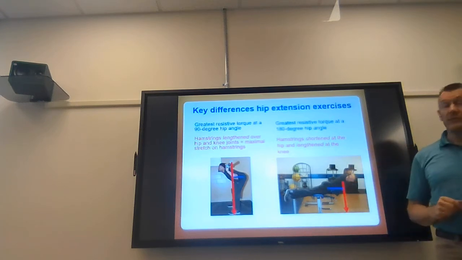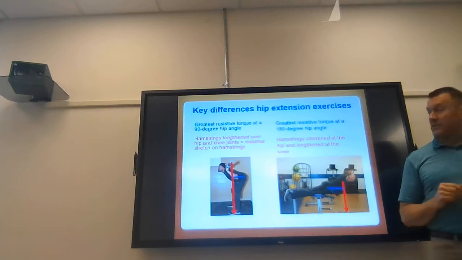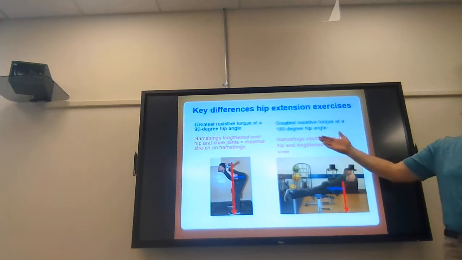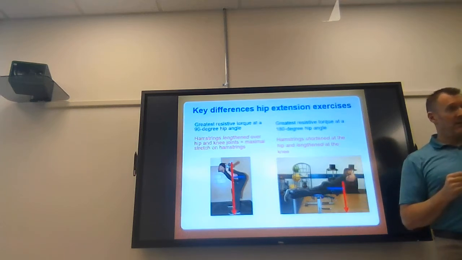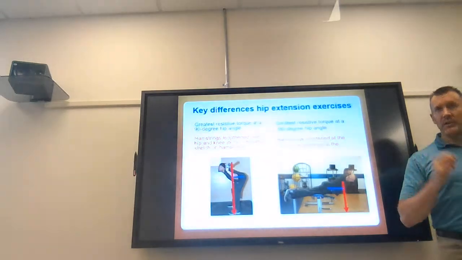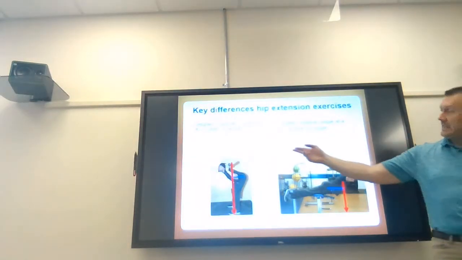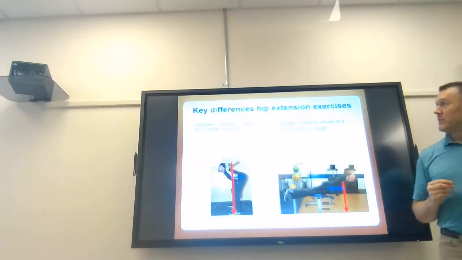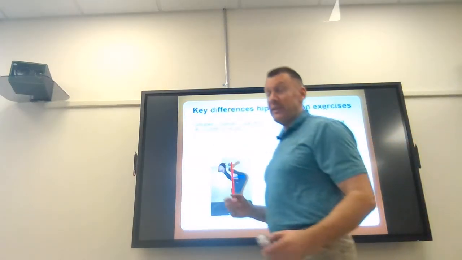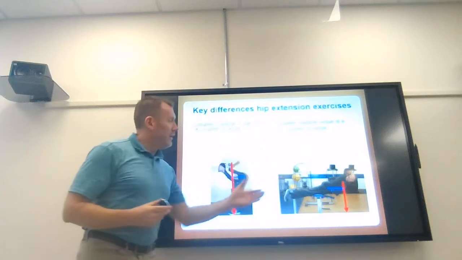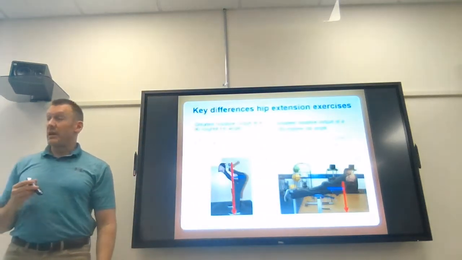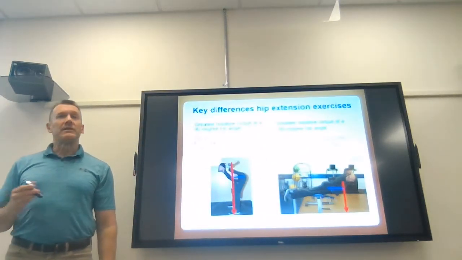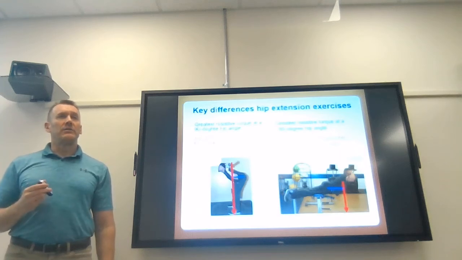Whereas in this position right here, we get the greatest resistive torque, and the hamstrings are shortened at their attachment at the hip and lengthened at their attachment at the knee joint. So even though these are both hip extension exercises, the greatest amount of torque comes at different angles.